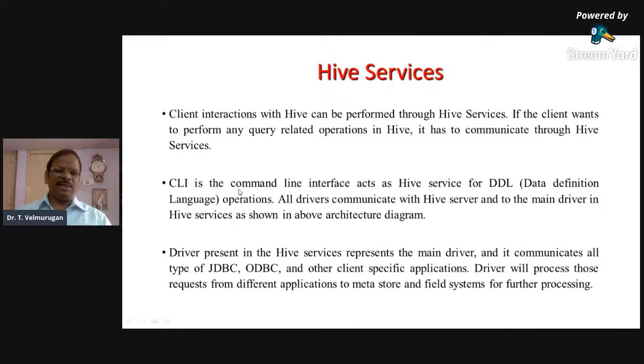The driver, present in the Hive services, represents the main driver, and it communicates all types of JDBC and ODBC requests. So the driver will process those requests from different applications to the metastore and file systems for further processing. This is the main information about Hive services.